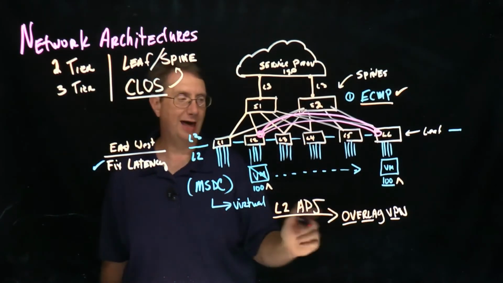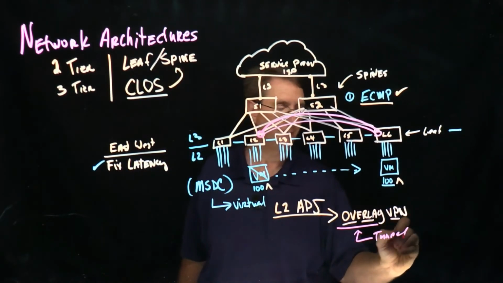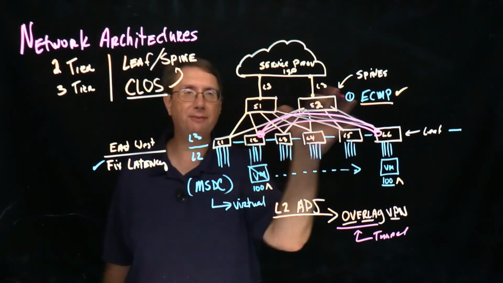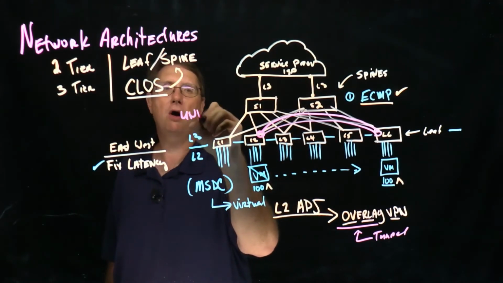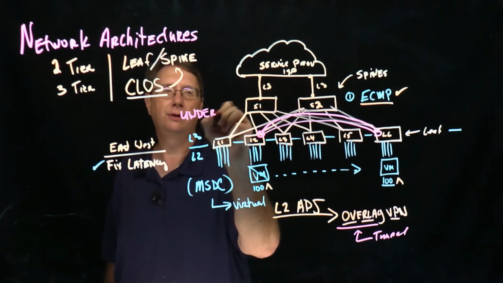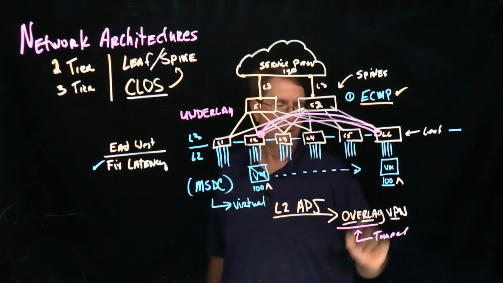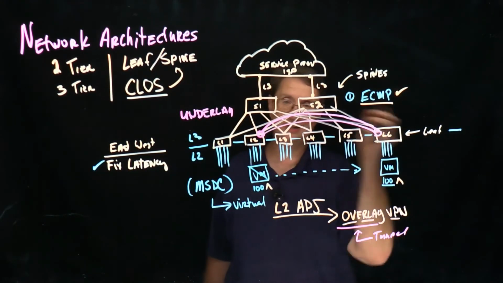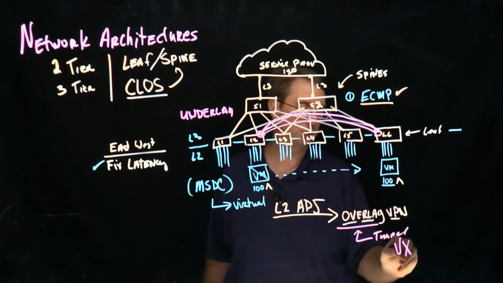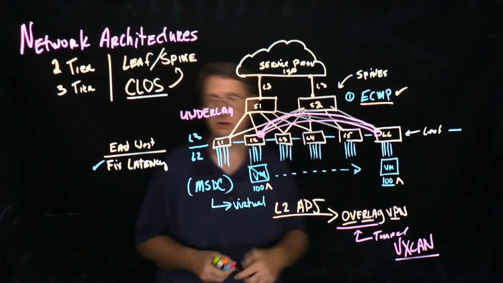The overlay is what we call this tunnel, and it runs on top of the layer 3 infrastructure, which we have a habit of calling the underlay. Probably the most common technology that supports this is the Virtual Extensible Local Area Network, which we're going to be studying in the DCICT portion of this course.